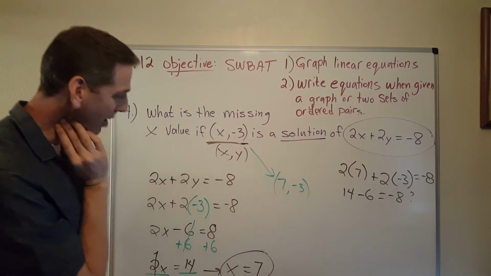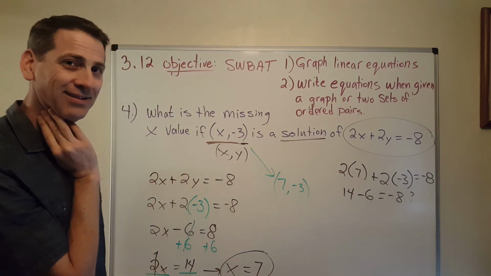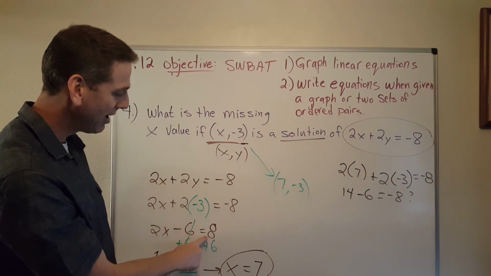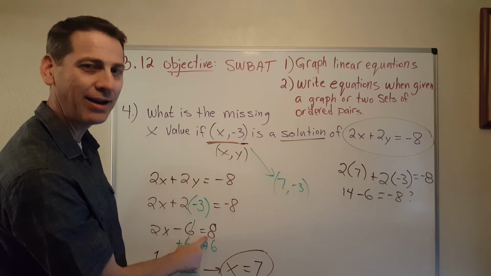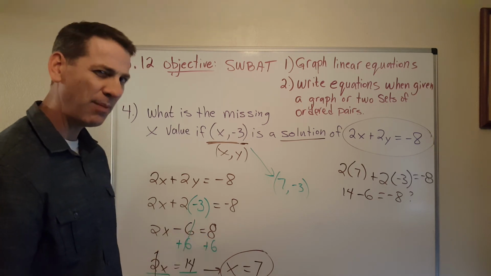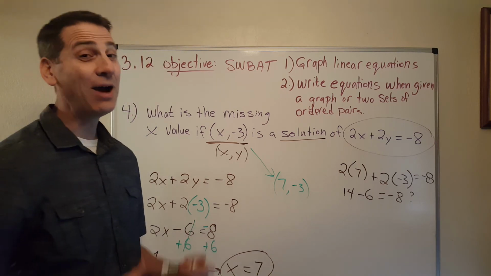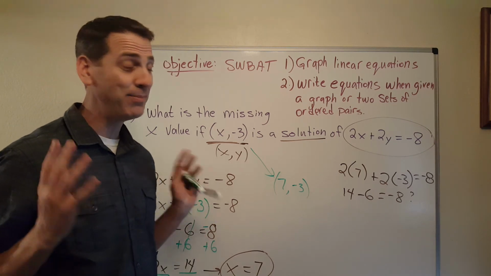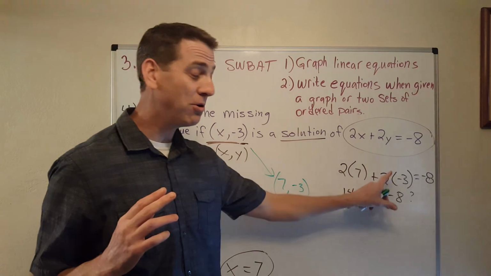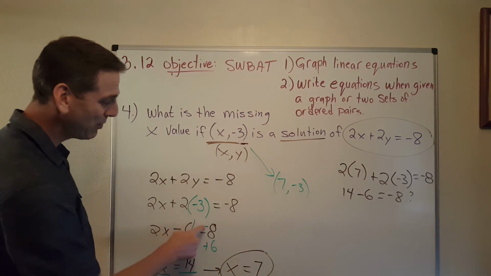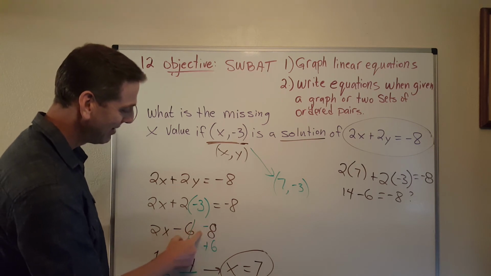So I did something wrong. And what did I do wrong? Do you see my mistake? Look at that. I went from negative 8, and I forgot to bring down that negative sign. But you caught me on that, right? Oh, but that was an honest mistake. I did not mean to do that. And that shows you how important it is to check your solutions. That's supposed to be a negative 8.